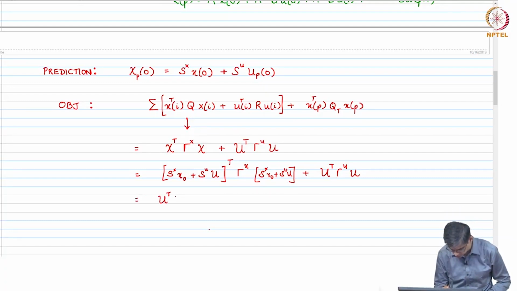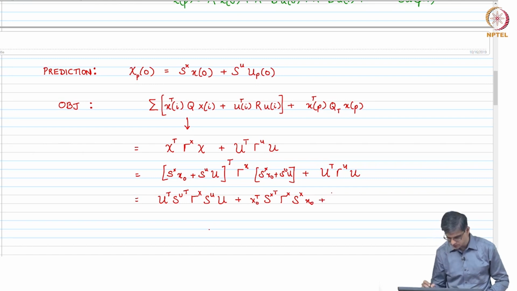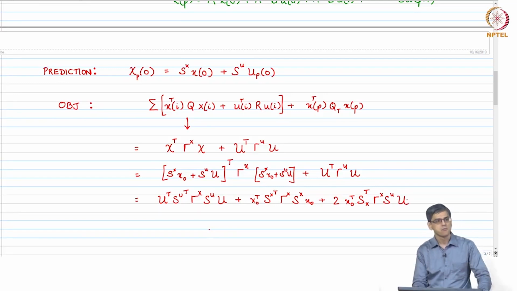This will be U transpose Su transpose gamma x Su U plus x naught transpose Sx transpose gamma x Sx x naught plus 2 times x naught transpose Sx transpose gamma x Su U, right. I'm able to do that because I've done this multiple times, but it's not difficult at all.